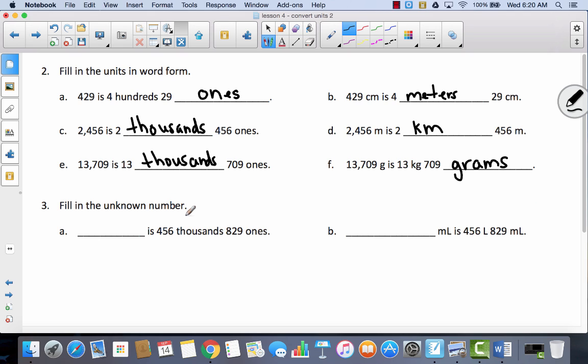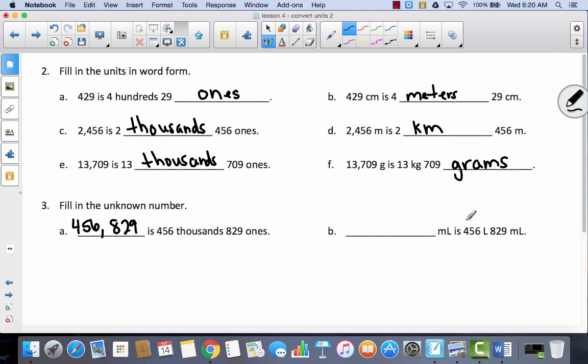All right, let's try to fill in the unknown number. So blank is 456,829 ones. So what number would be made up of 456,829 ones? Well, let's put 456 in the thousands place, and then let's put 829 in the ones, and that gives us 456,829. So that relates to milliliters and liters.